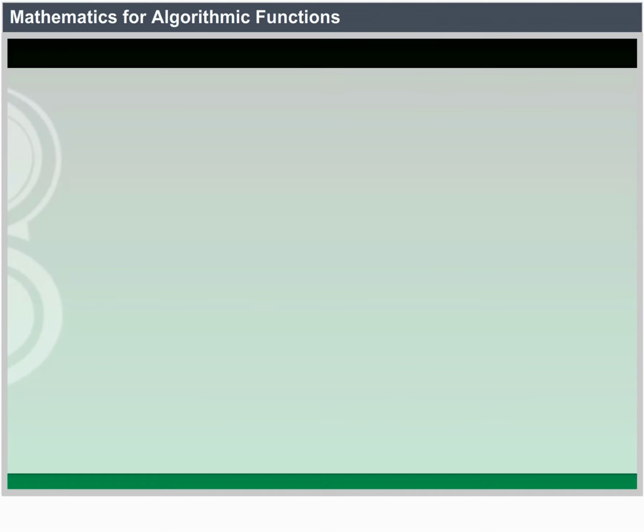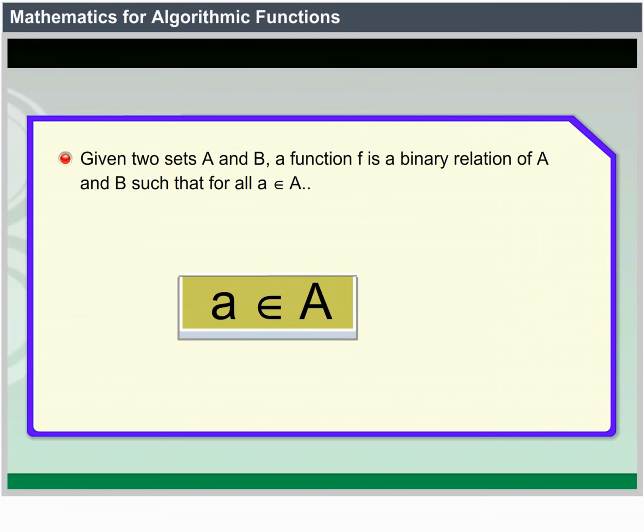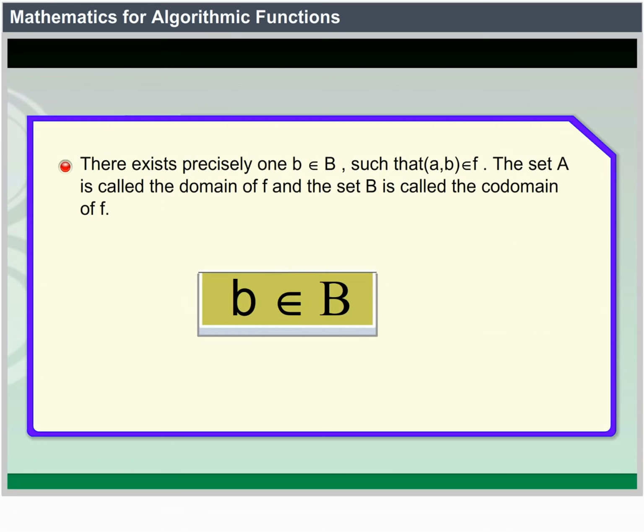Mathematics for algorithmic functions. Given two sets A and B, a function f is a binary relation on A and B such that for all a belonging to set A, there exists precisely one b belonging to set B such that (a, b) belongs to f.